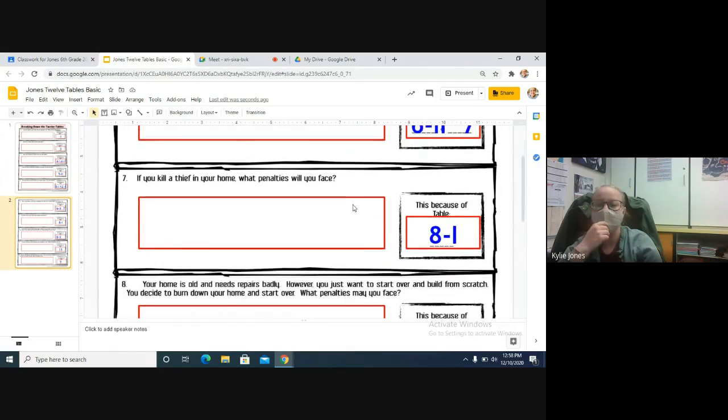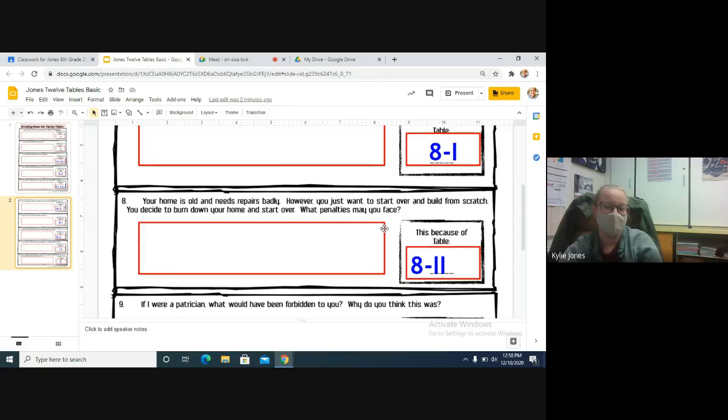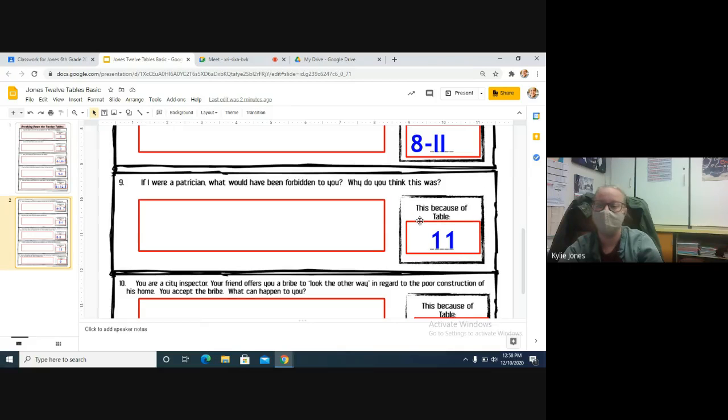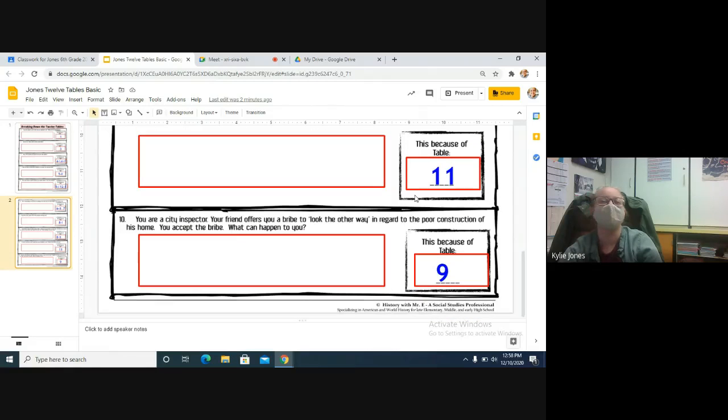On number 7, you need to use table 8(1). On number 8, you need to use table 8, number 2. On number 9, you need to use table number 11. And on number 10, you need to use table number 9.